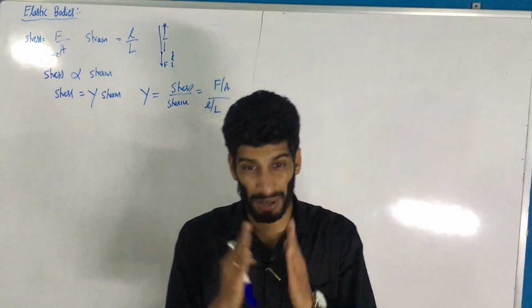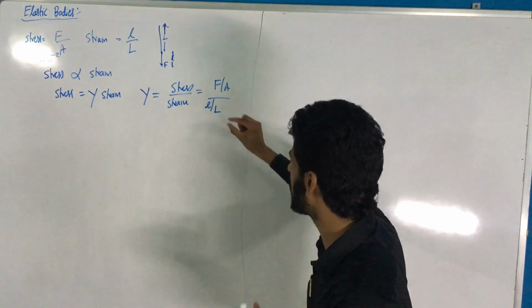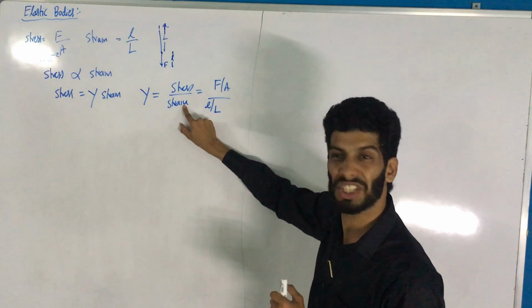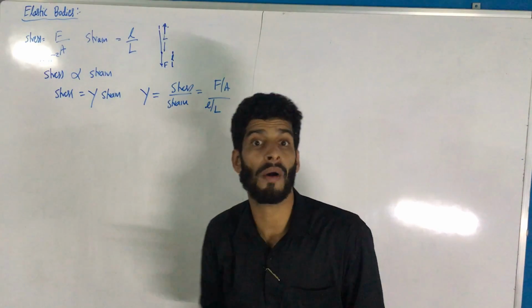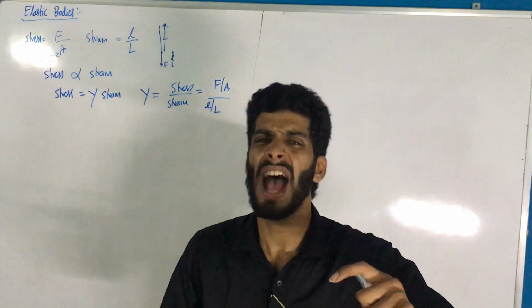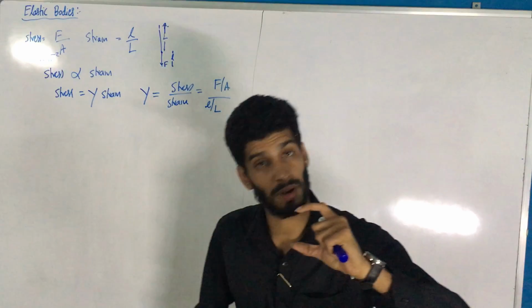For example, if the material is very stiff, I can say that there is not that much extension or change in length. When there is little change in length, strain is very small. When strain is small, Young's modulus is going to be very high. So if the Young's modulus value is very high, that particular material is going to be very stiff. It's not going to be very soft.